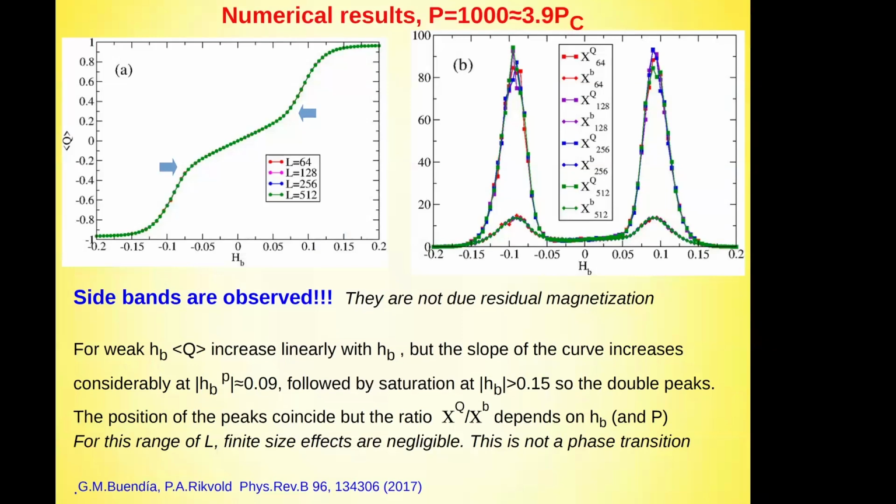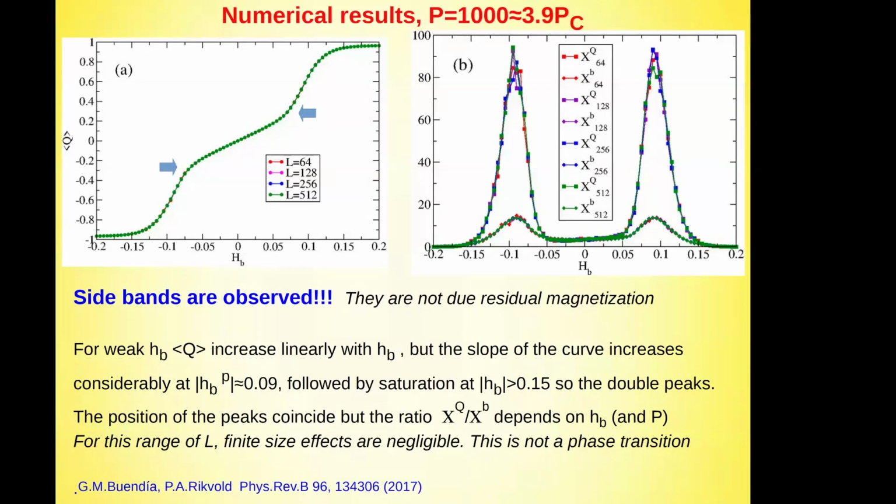Notice that when the bias is zero, Q is zero, of course, because we are in the supercritical region. We are working with a slow period, so if there is no bias, the magnetization can follow the field and the average magnetization is zero.